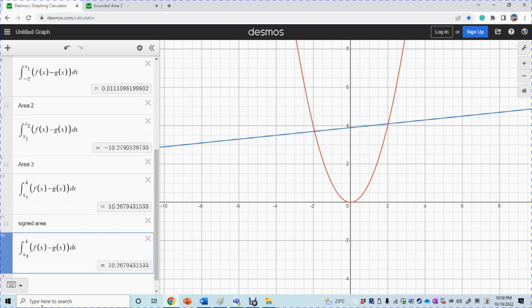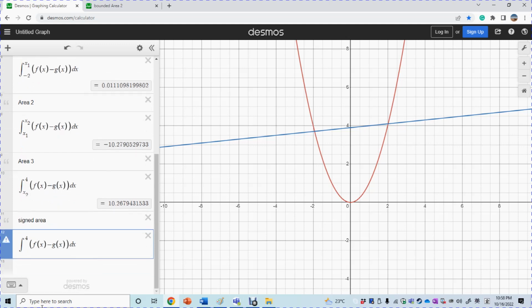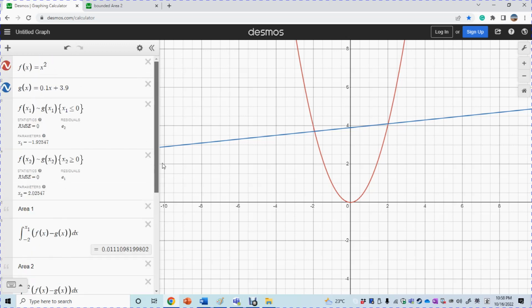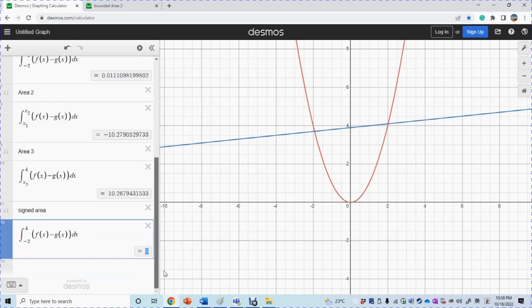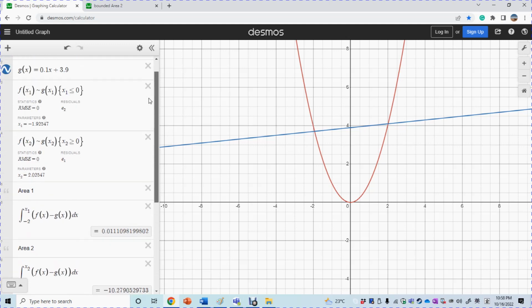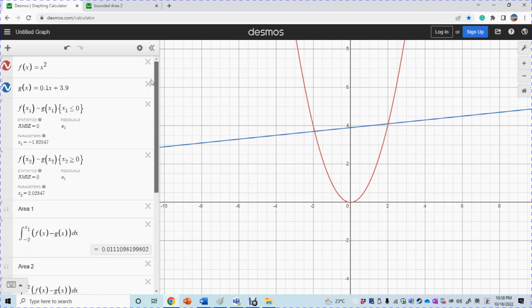If I integrate from start to end, -2 to 4, you see the answer must be 0. So these three areas cancel out. Basically, that's how you get the areas when m equals 0.1.